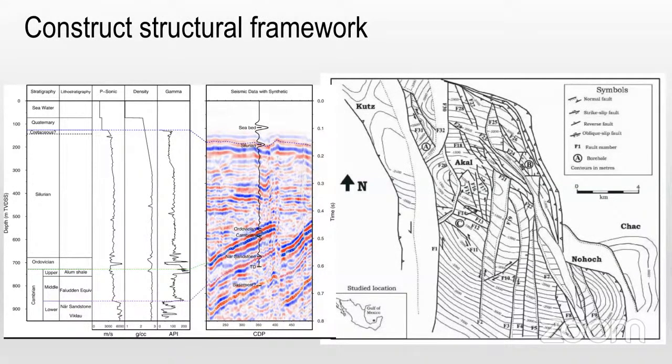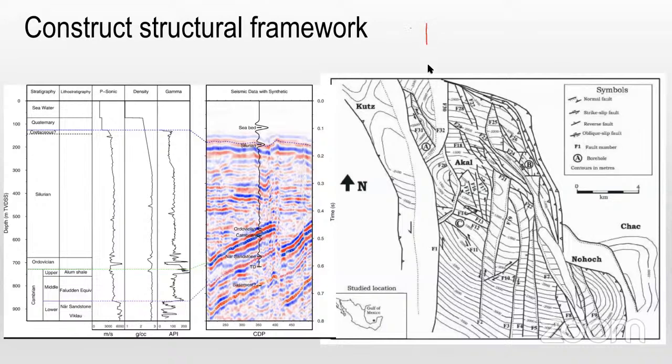One of them is by interpretation of the well log data. For example, you can find a fault in one well and you study a nearby well and you couldn't find that fault in that well. Let me show you, for example, where is my mouse?